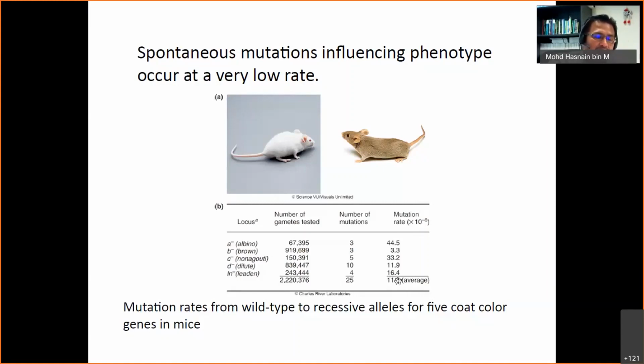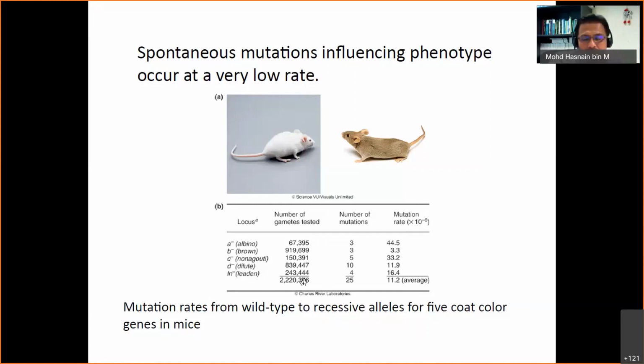So 25 mutations for every 2.2 million, which you divide and get 11.2 times 10 to the minus 6. So 11 mutations for every 1 million. That is one way to measure mutation, based on the number of samples observed.